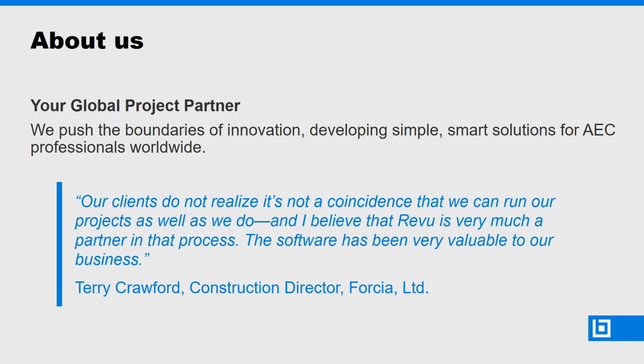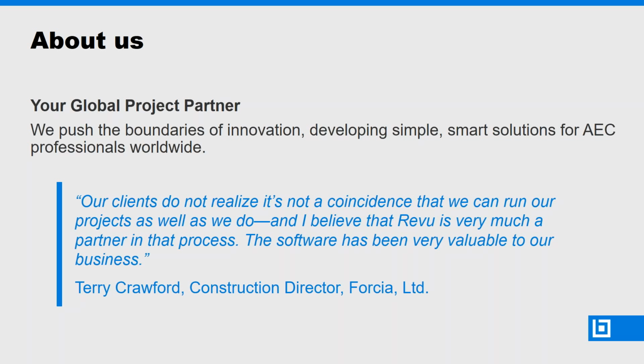What we do at a high level is we are all about the AEC industry. So we enable customers in the AEC space to work more efficiently, to get their job done easier, quicker, and at a lower cost. And we really push the boundaries of innovation and develop simple and smart solutions geared towards those AEC professionals.